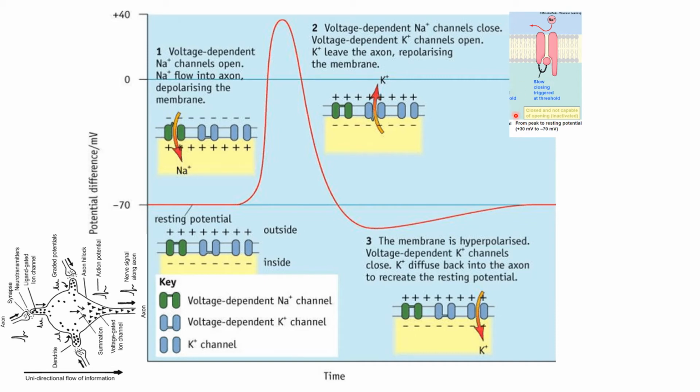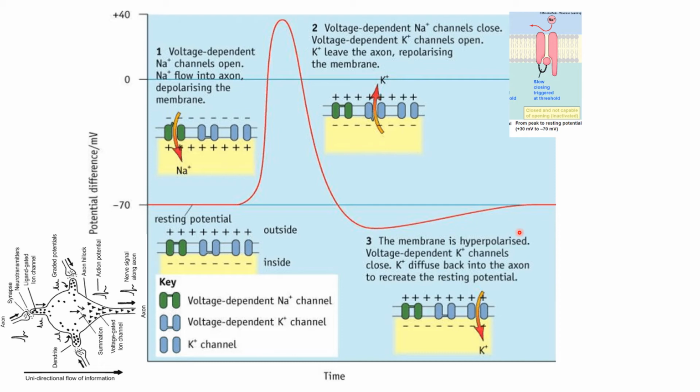Then there is a repolarization phase. In the repolarization phase, the potassium channels open. They are slower channels, so they open and start to conduct potassium outside of the cell. Because positive potassium charges are going out, the membrane is again going toward negative inside, until it reaches the resting membrane potential; that is called repolarization.